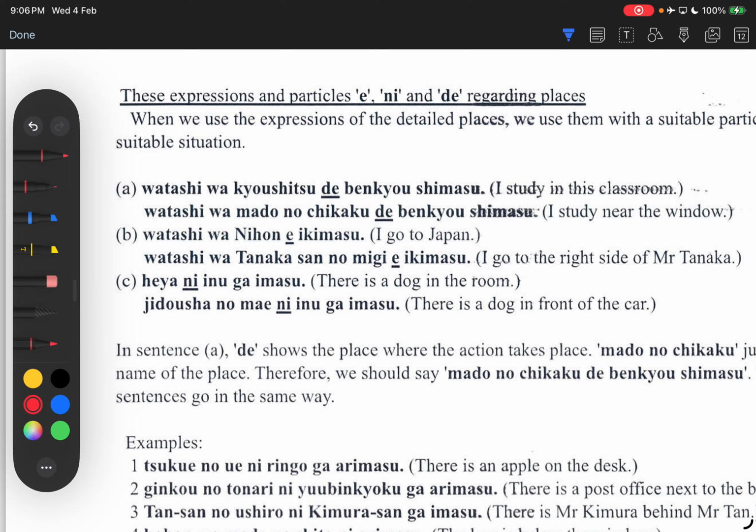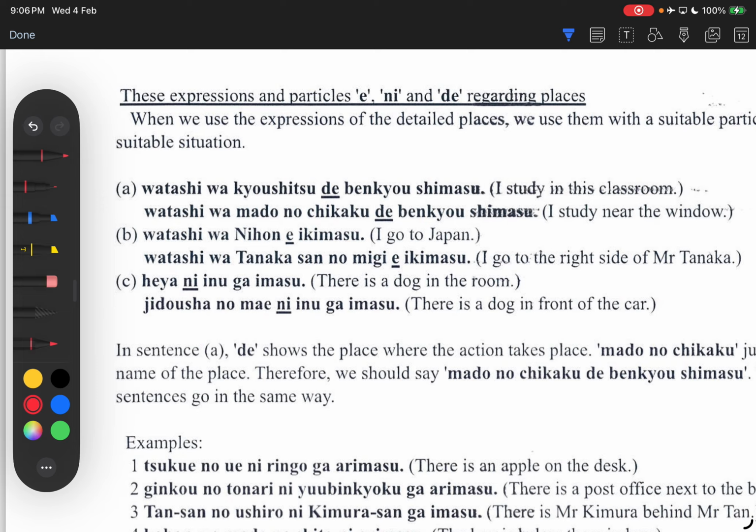B, 私は日本へ行きます. I go to Japan. So 私は田中さんの右へ行きます. I go to the right of Tanaka. This is where we use he. Last, 部屋に犬がいます. 部屋に means in the room.